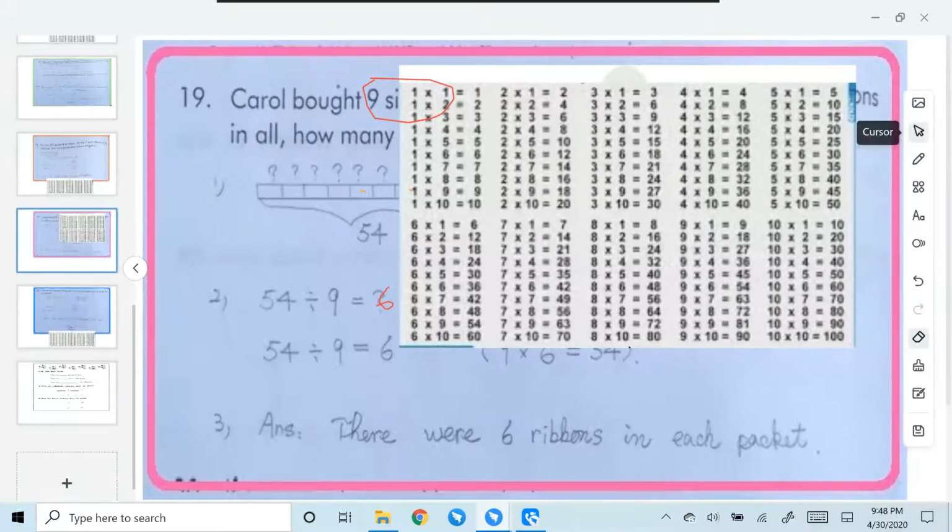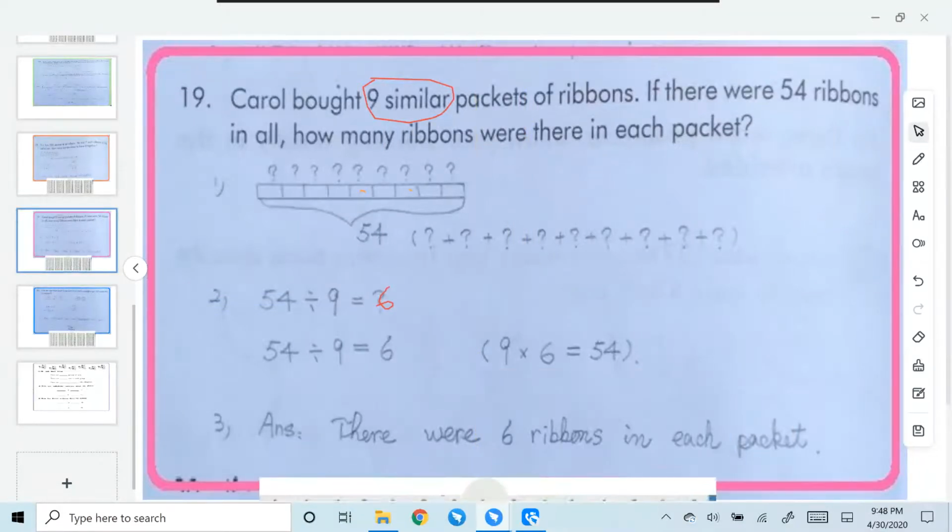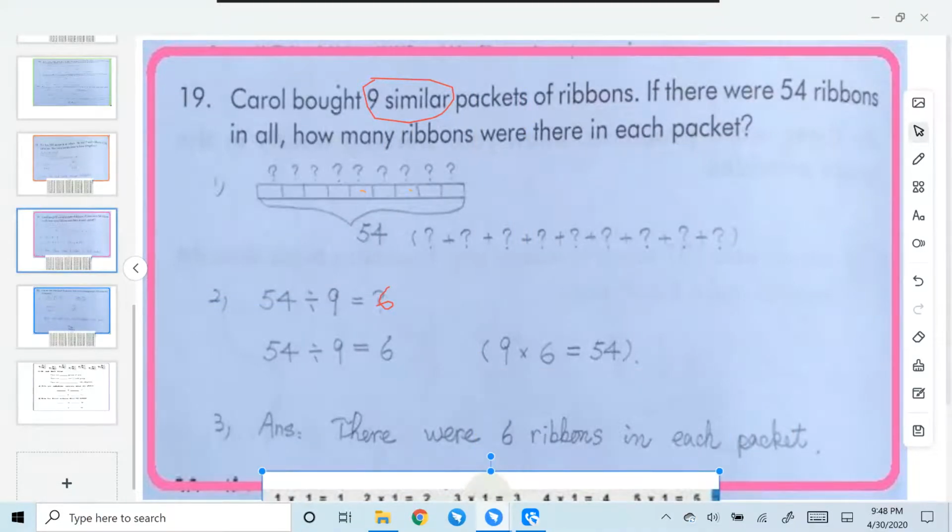Now, let's have a look. That's exactly what has been done. 54 divided by 9 equals 6. How do you know? Because 9 times 6 equals 54. So, the problem is solved. Now, third step, write down a word answer.